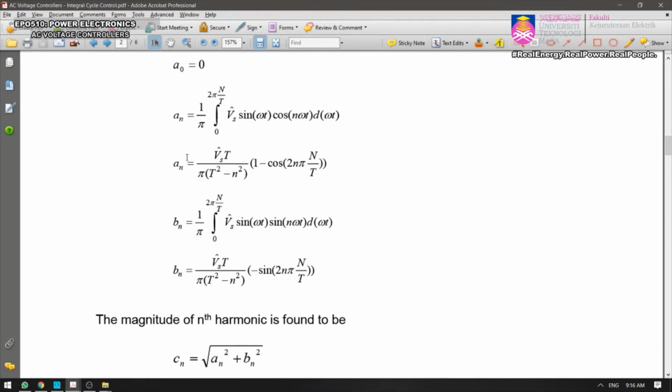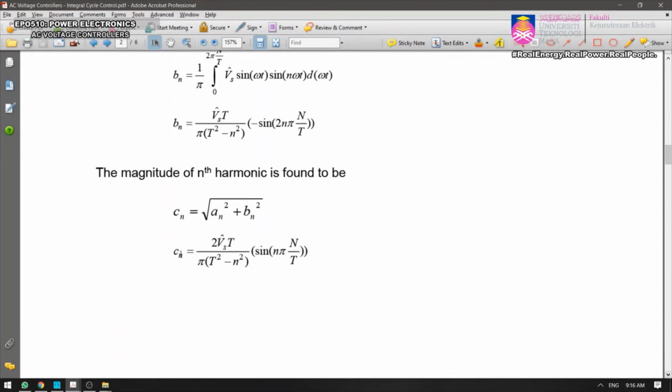Okay, so it's already there for you, so you can prove it if you like. And then finally you can see that the output component Cn equals 2V peak multiplied by T divided by pi times T squared minus N squared, times sine of N pi N over T.